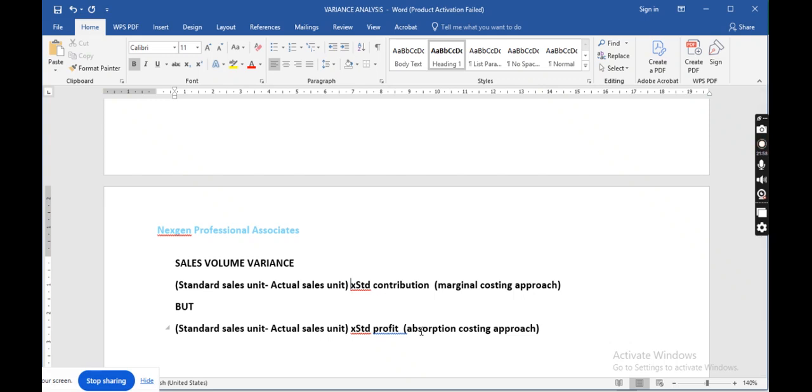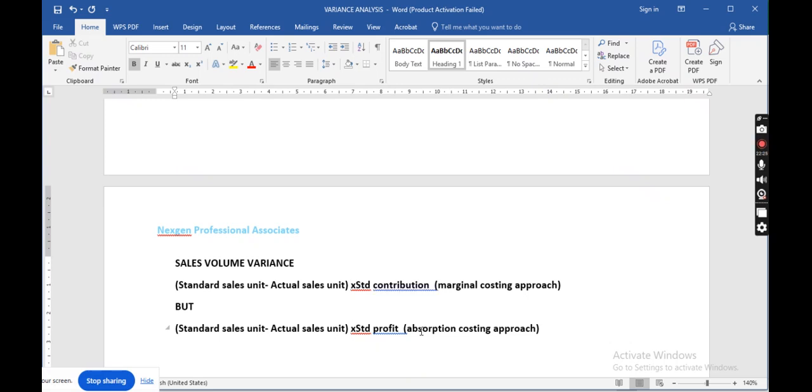Check the standard and use the standard profit. Move on with standard profit. Just check your standard cost card. You will see sales, you will see variable cost. So when you subtract and add, you have your standard profit, right? If it is not stated, use standard profit and move on, right?